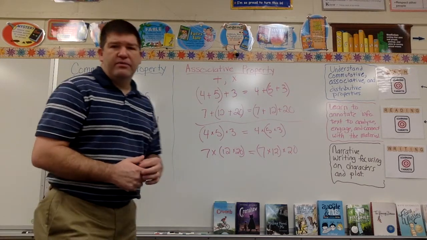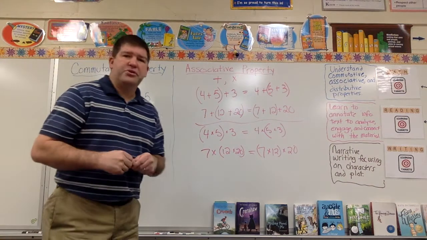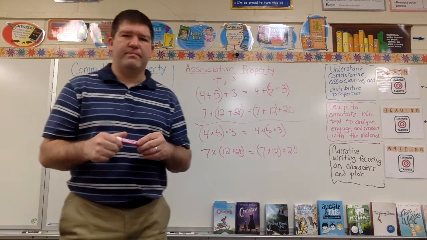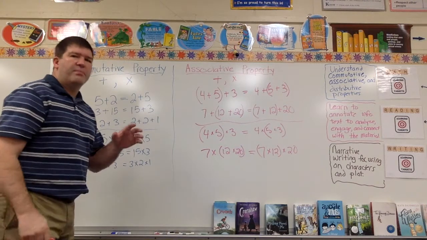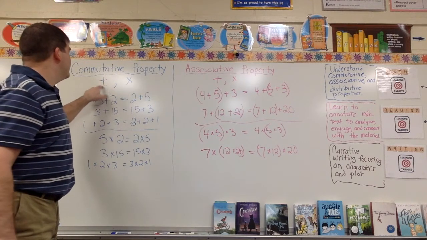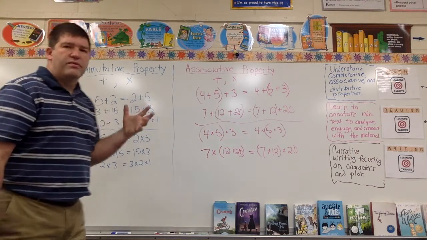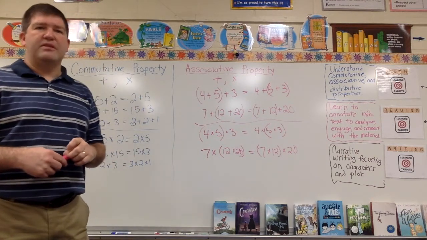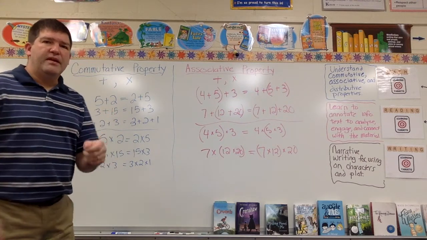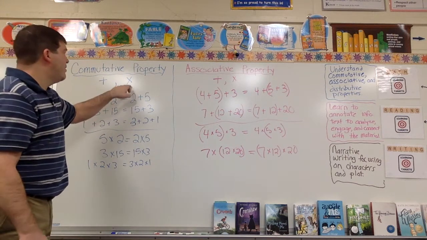Okay. Now here's what I want you to do for your homework. I want you to take a sheet, a piece of paper, and make up your own problems. Put on the top of the piece of paper commutative property, and you can put addition. Give me one of your own made up addition problems that shows me commutative property of addition. Then show me one that's commutative property of multiplication.